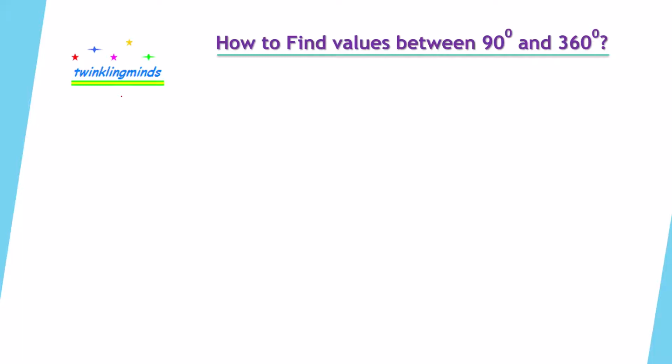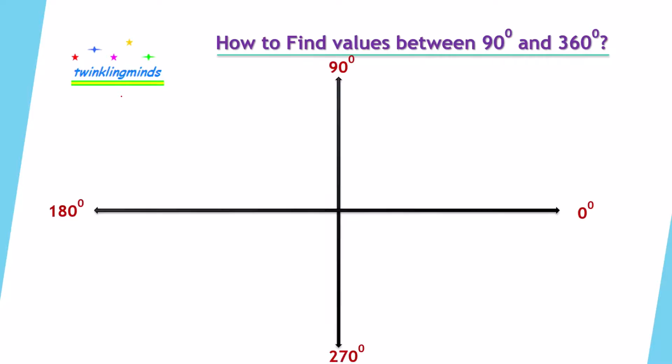Well, we will learn how to find now. Divide the plane or paper into 4 quadrants. Represent positive x-axis as 0 degrees, positive y-axis as 90 degrees, negative x-axis as 180 degrees, negative y-axis as 270 degrees.